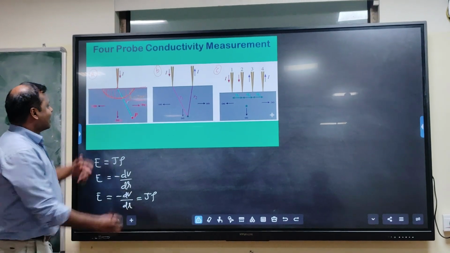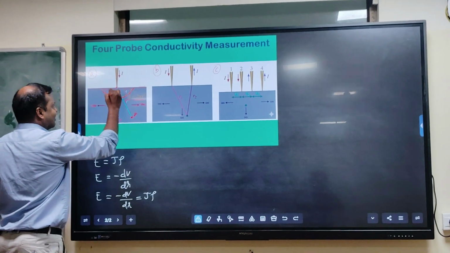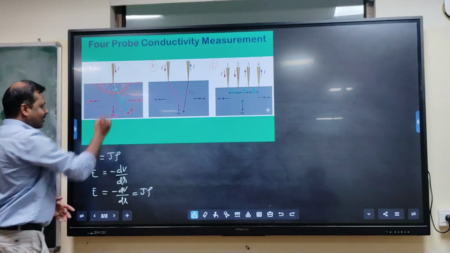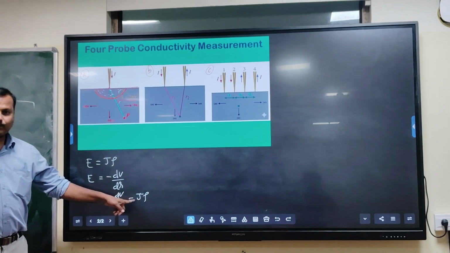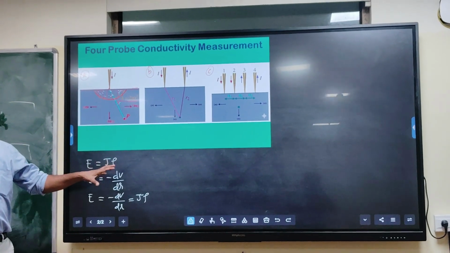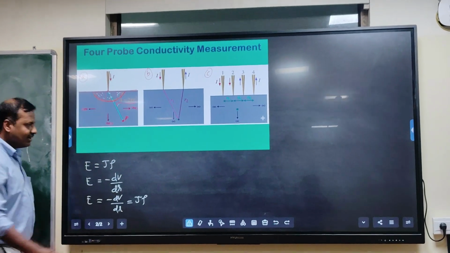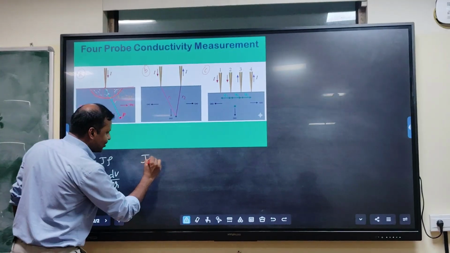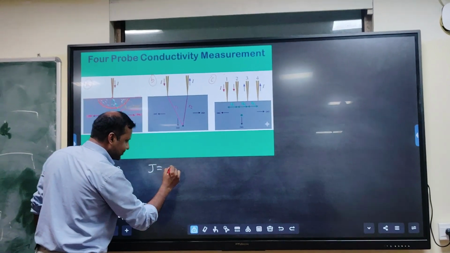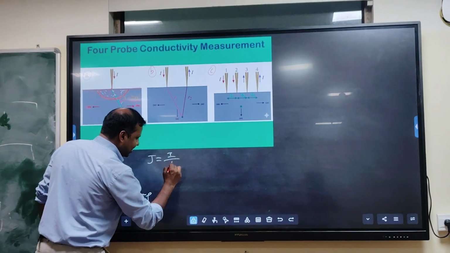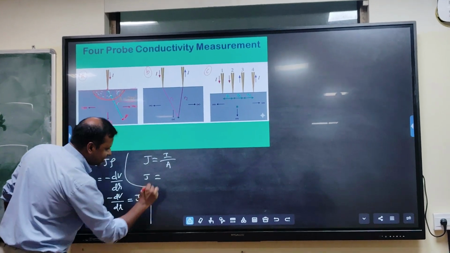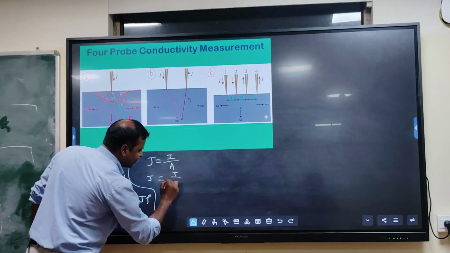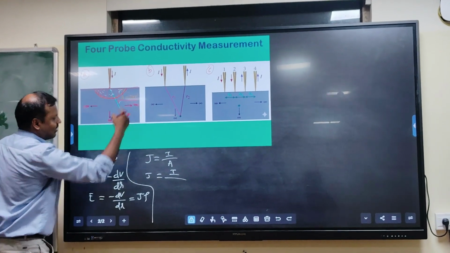Now the current passing through this region gives the current density J, which is current per unit area. So J is equal to I by the area, which here is 2 pi r square.